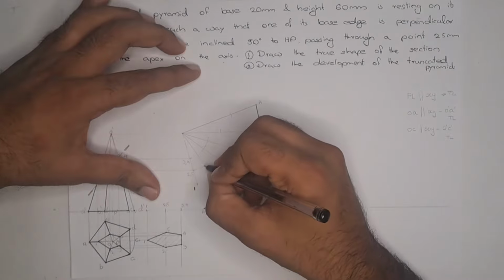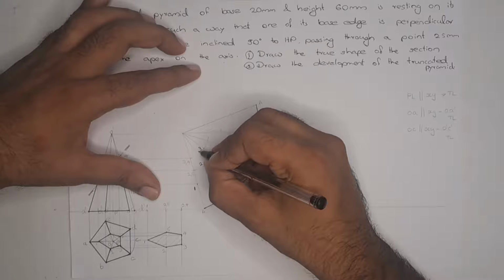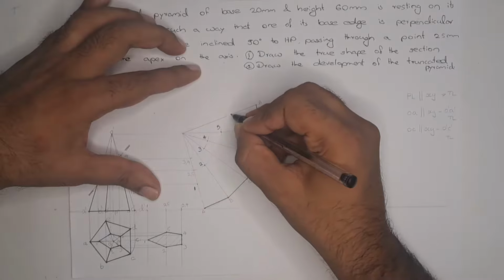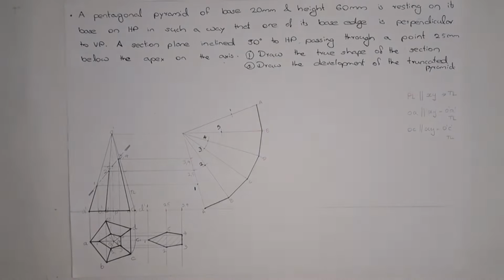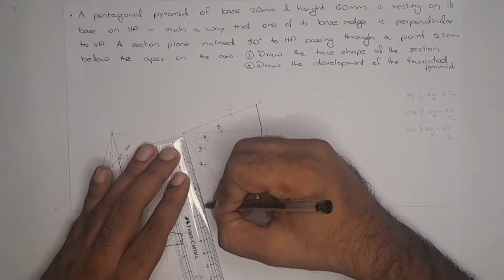Here this is 1, 2, 3, 4, 5, then 1. You can complete with the thick lines.